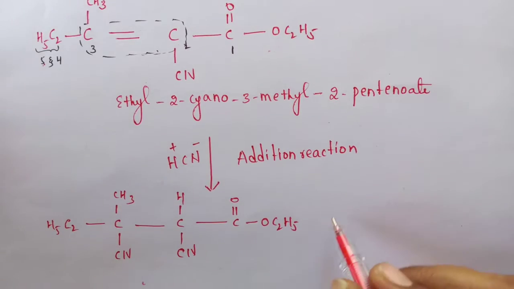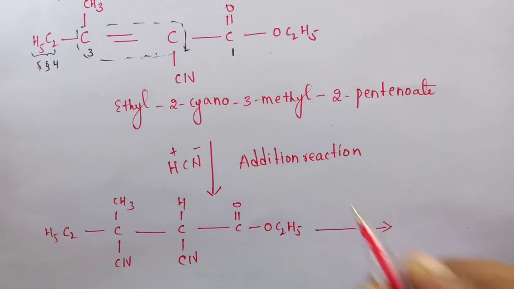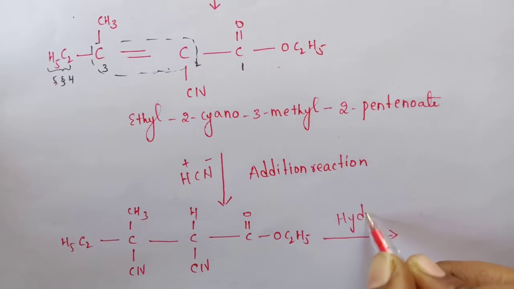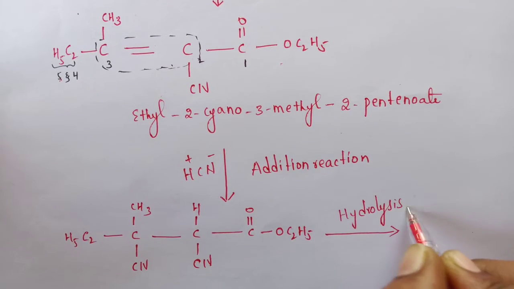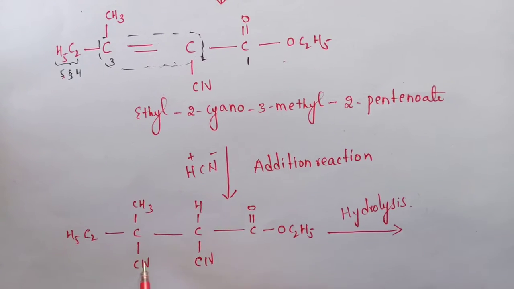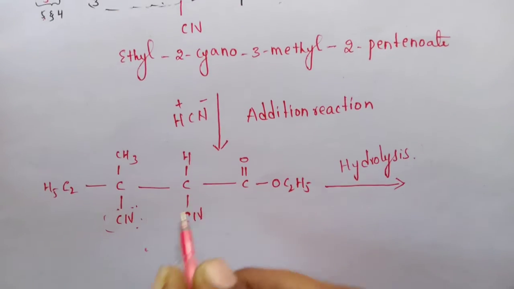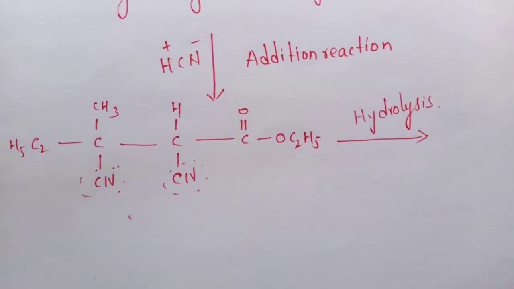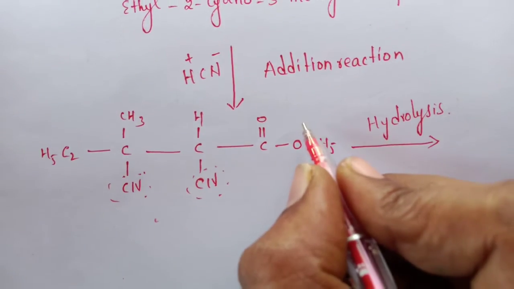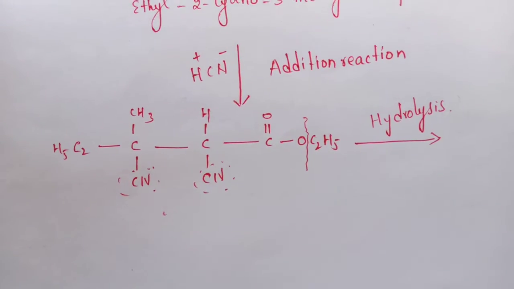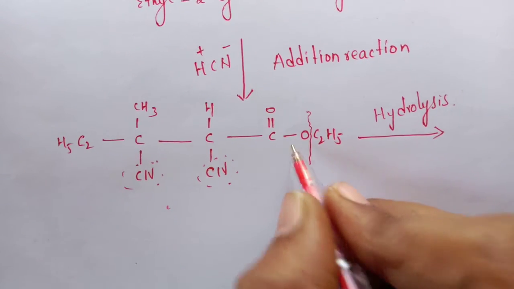The next step is hydrolysis. Upon hydrolysis, these two cyanides are converted into carboxylic acids with the loss of ammonia, and there is a breakdown of the ester linkage, which is also converted into an acid.